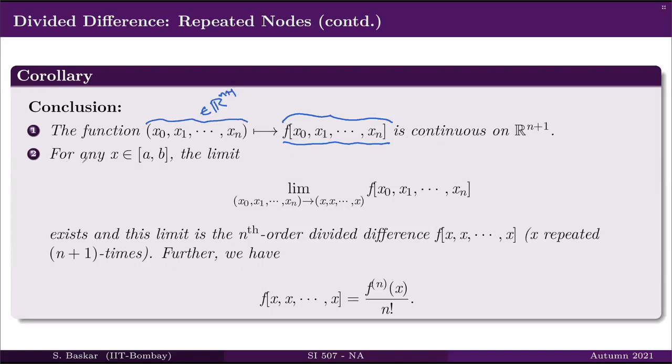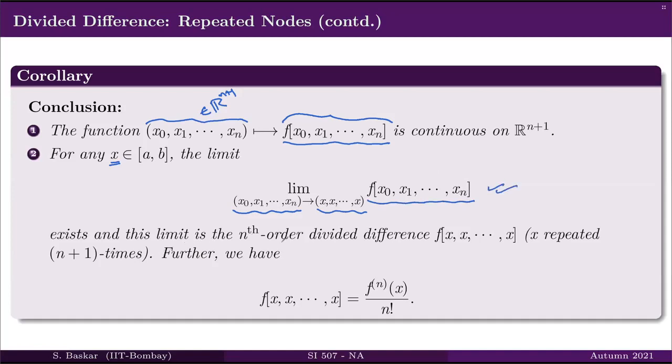And further, for any x, you take this vector x0, x1 up to xn. Not necessarily all are distinct, but this vector tends to this vector where all the components are equal to x. And now you are taking the limit in this function. So this limit exists. That's the conclusion.